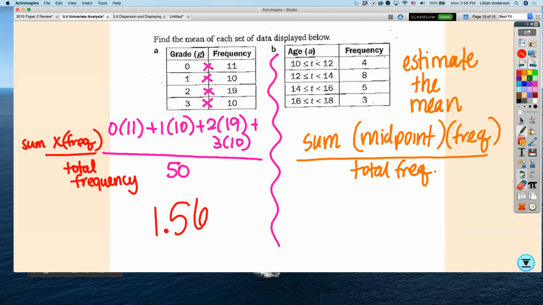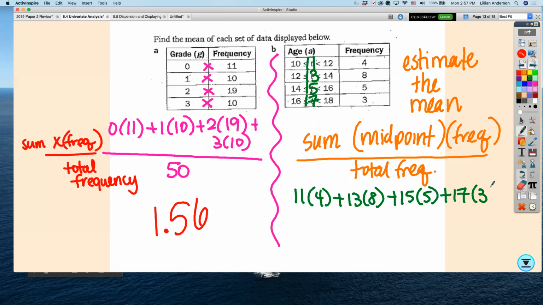What's the midpoint between 10 and 12? 11, 12 and 14, 13. 15, and then 17. I take each of those midpoints, multiply them by the frequency, add them up, and then divide by the total frequency. What's 4 plus 8 plus 5 plus 3? 20. And that will give me an estimate for my mean, which is the only thing I can do when I have a grouped frequency table or frequency distribution. 13.7.